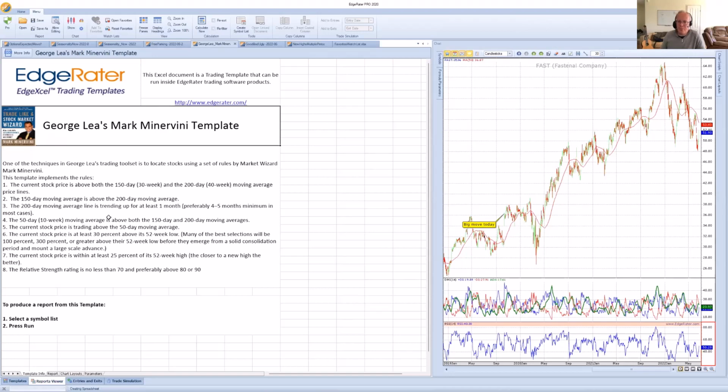He's got this idea of 4 phases: the decline, the lack of interest, the accumulation, and topping. So these are all trying to pick out that important second stage of accumulation. And once something meets this criteria, it's then good to trade, and then you can try and find good entry points. He does have this idea of volatility contraction patterns to look for entry points. But anyway, this template just runs these criteria to see what are potentially good to trade.